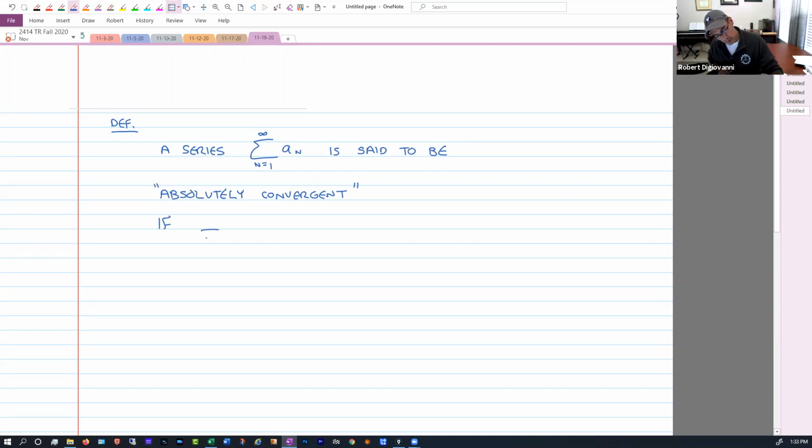Well, if the sum n equals 1 to infinity of the absolute value of the sequence converges. So if you start out with a series, no matter what the sequence is here, if you take the absolute value of that sequence and you're able to show that this thing converges, then we say that this series is absolutely convergent because it converges when you take its absolute value.